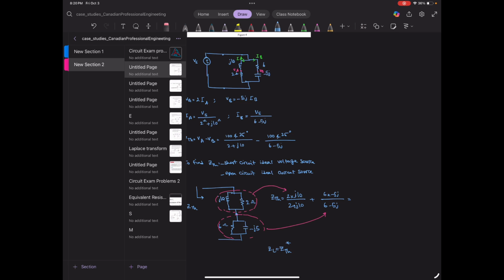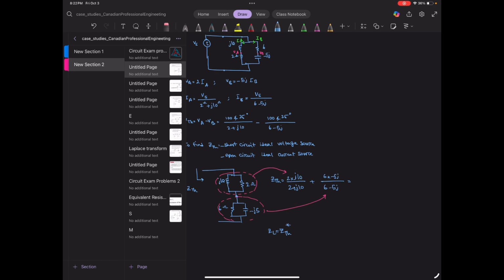Okay, so we have to do this math basically for the phasors to find the solution. Once we find ZL, you can find this in different ways. By the way, you can say this is 20J over 20 plus J10, plus minus 30J over 6 minus 5J.